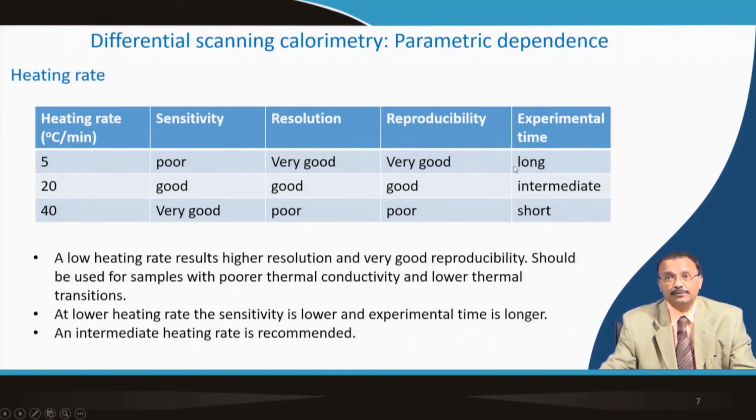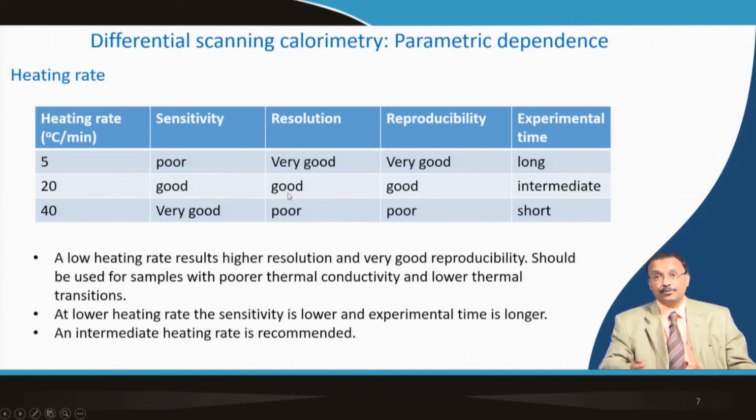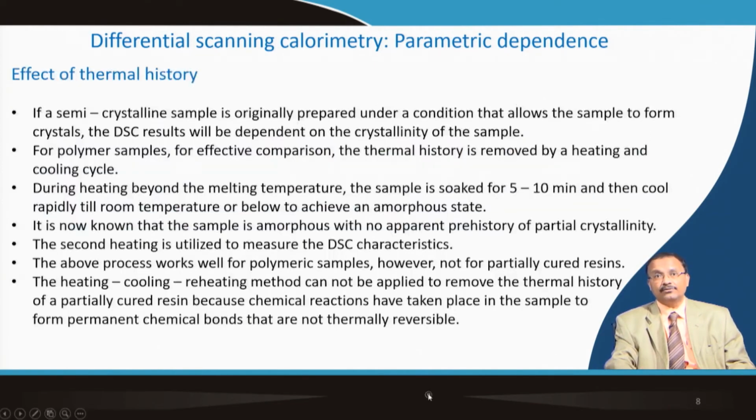It takes a long time to complete the experiment. So, usually an intermediate heating rate is preferred, which is typically 20 degrees Celsius per minute, which gives you reasonably good sensitivity. Resolution is also good, and the experimental time requirement is not that high. So, depending on the type of sample, you may have to choose the right kind of heating rate.